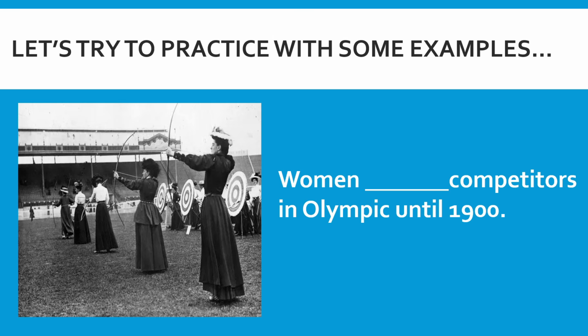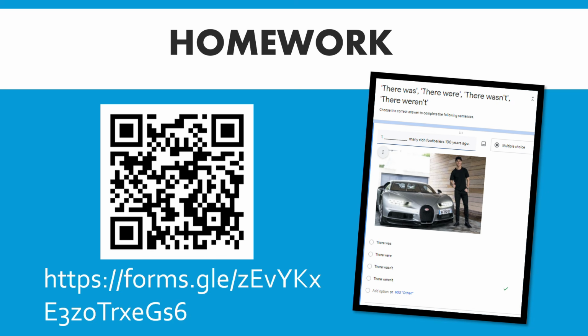Next, women weren't competitors in the Olympics until 1900. It means that before 1900, the Olympic Games did not allow women as competitors. Only from 1900 onwards, women were allowed to compete in the Olympics. Women are in plural form. Therefore, we use "weren't". So that's the end of our lesson today.